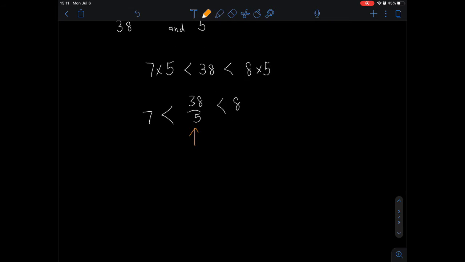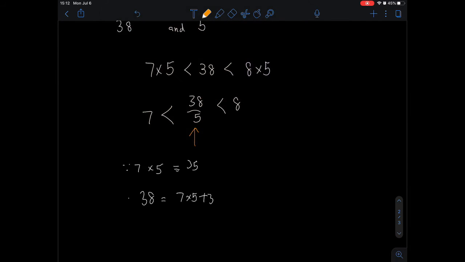Now, since 7 times 5 equals 35, we can see that 38 is 3 more than a multiple of 5. So the number 3 is known as the remainder on dividing 38 by 5. We can write 38 equals 7 times 5 plus 3.